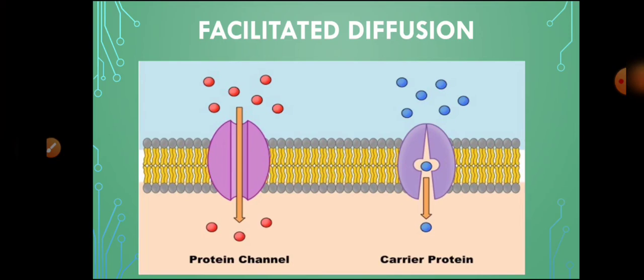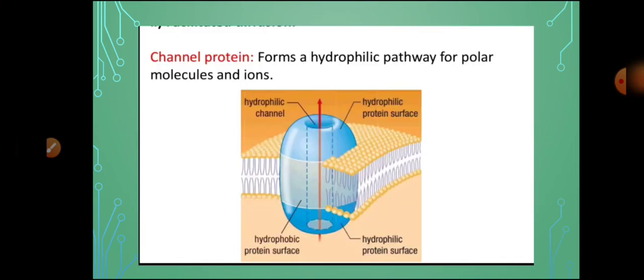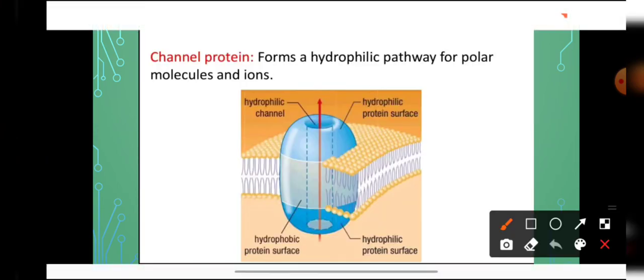And these transport proteins are of two types. One are protein channels or channel proteins and the second are the carrier proteins. Now how does the movement of materials take place through channel proteins? The channel proteins have channels within themselves, and these channels are hydrophilic and they help in the diffusion of charged particles like calcium ions, sodium ions, potassium ions across the cell membrane.